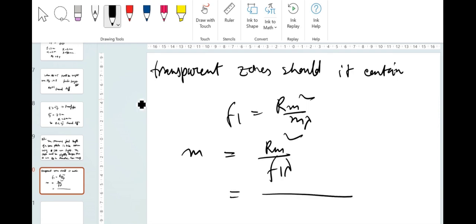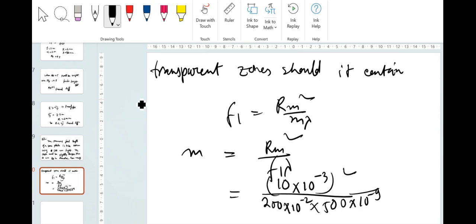Putting in the values, Rm is 10 millimeter, 10 to the power minus 3 whole squared, divided by 500 times 10 to the power minus 9 times F1, which is 200 centimeter. So apparently 100 transparent zones will be there. This kind of question will appear.